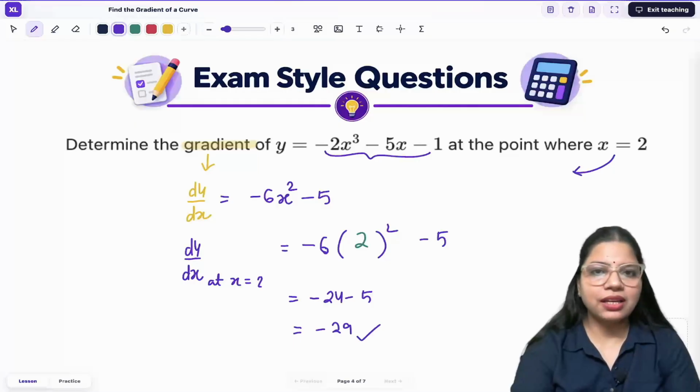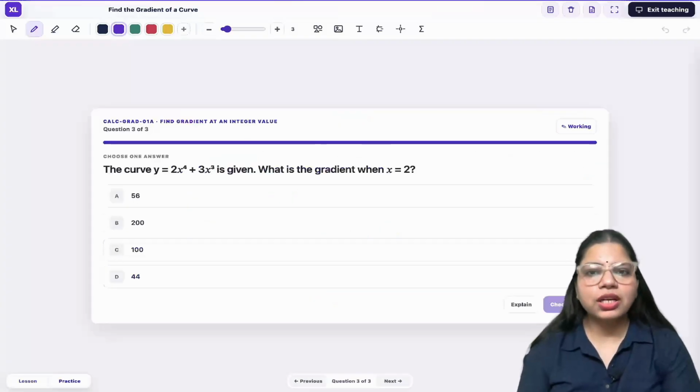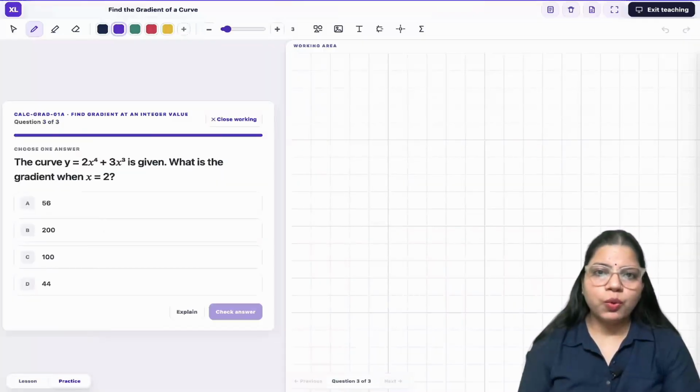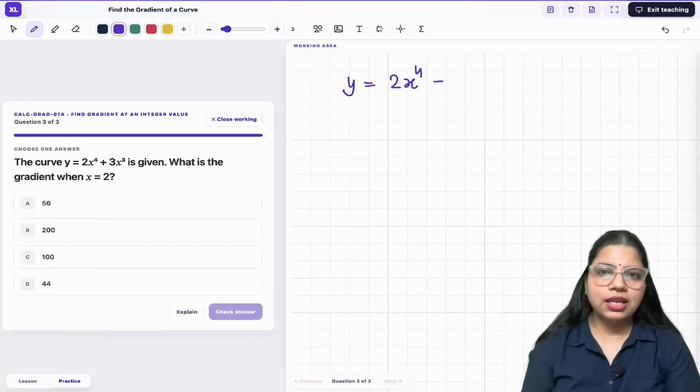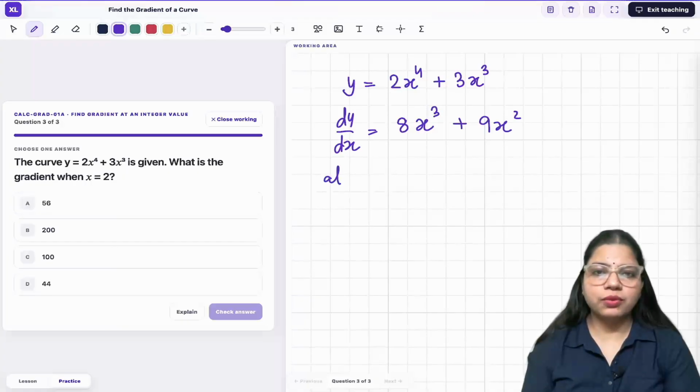Let's move to some practice questions. The first question is to work out the gradient where the value is again 2. y is 2x to the power of 4 plus 3x cubed. The gradient, dy by dx, is 8x cubed plus 9x squared at x equals 2.